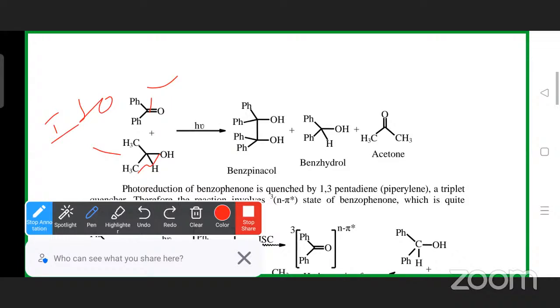And by this, a hydrogen radical is there, and here the oxygen radical.